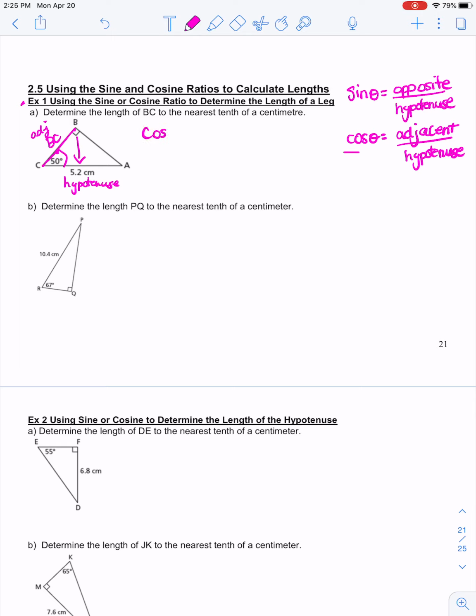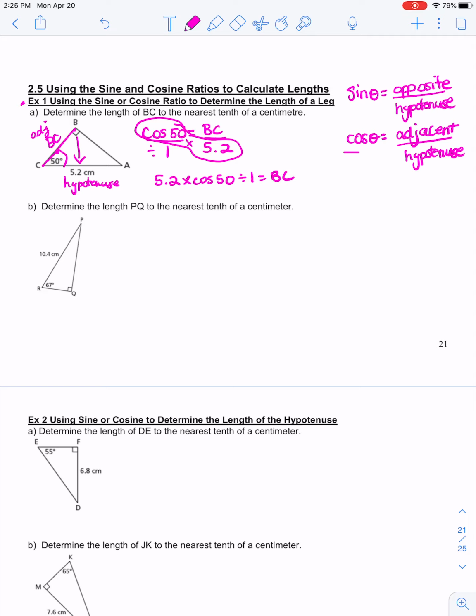So I say cos of my angle 50 is equal to side BC, which is my adjacent side, divided by my hypotenuse, which is 5.2. Now I'm going to make a ratio equal to a ratio, cross multiply, and divide by what's left over. In your calculator, it should look exactly like this: 5.2 times cos 50, divided by 1, is equal to BC.